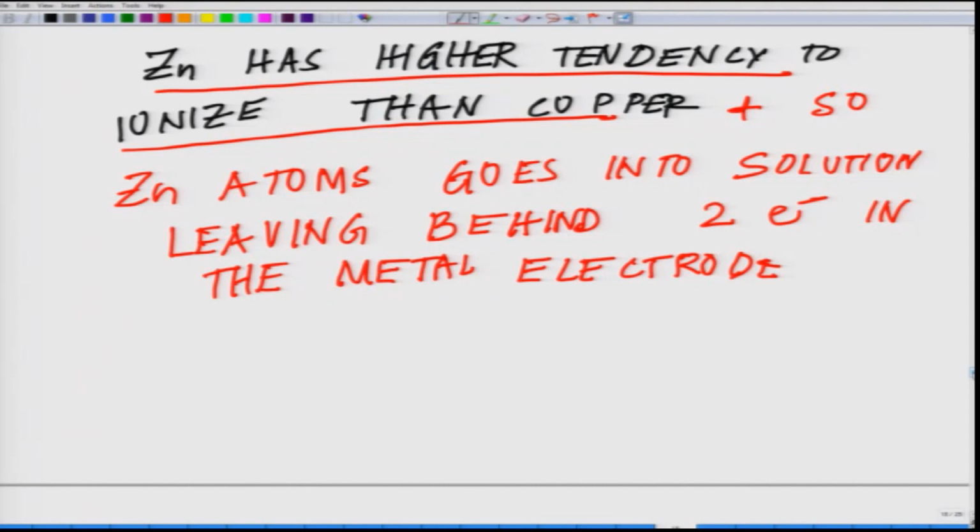On the other hand, let us talk about the copper electrode.